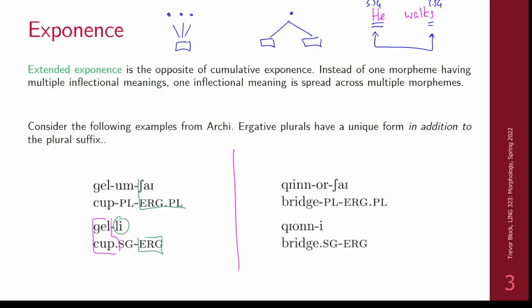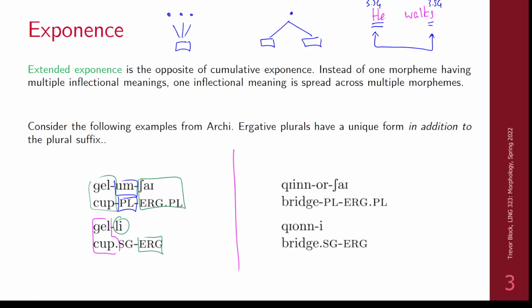Well, we see that the li has changed to shi. It's now an ergative marker with the plural on it. So it has a new suffix. And there is also a plural marker in the word now. So adding another suffix to cup, which of course is still in the same position.